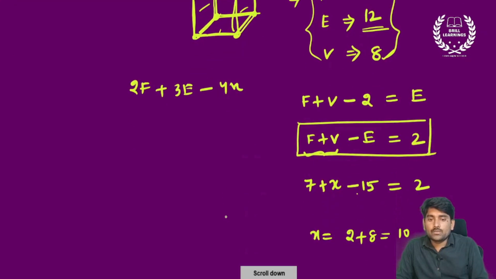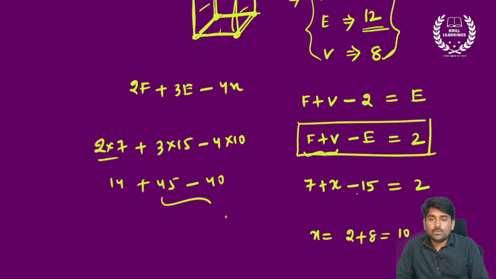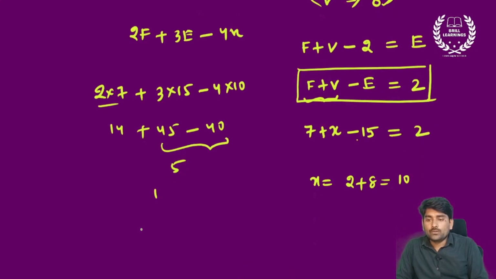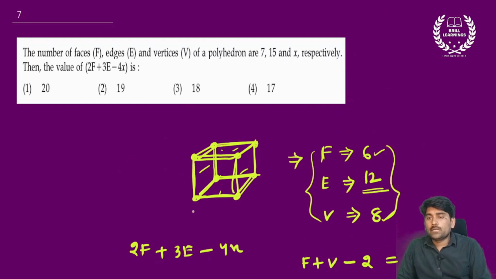Now you know the values of f, e and x. 2 into 7 plus 3 into 15 minus 4 into 10. 14 plus 45 minus 40. Here you are left with 5, and add this value to 14. You will get 19 as our answer. The second one is the right answer.